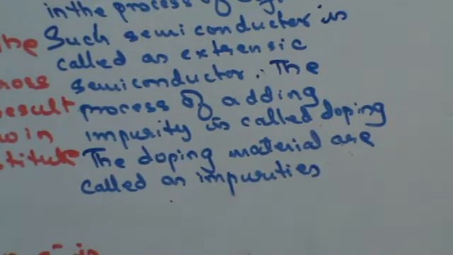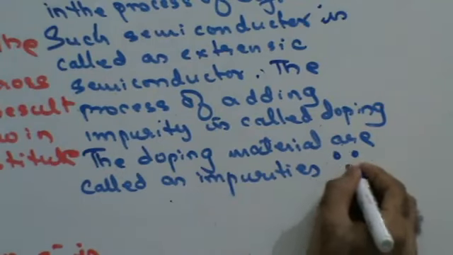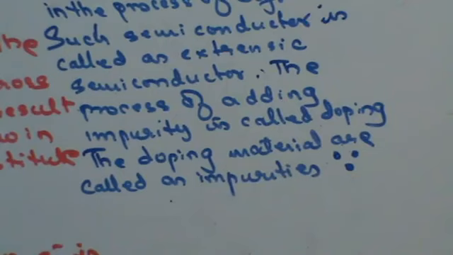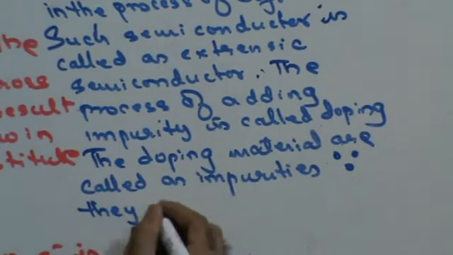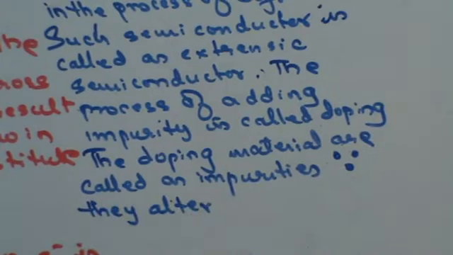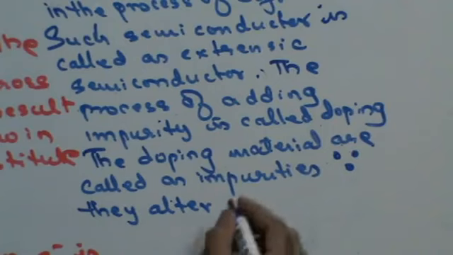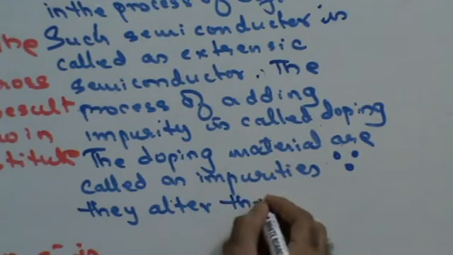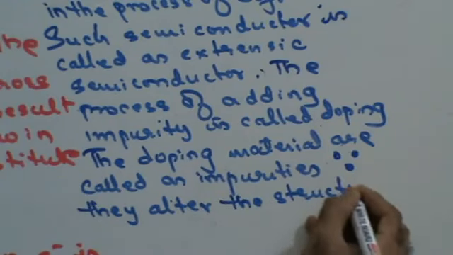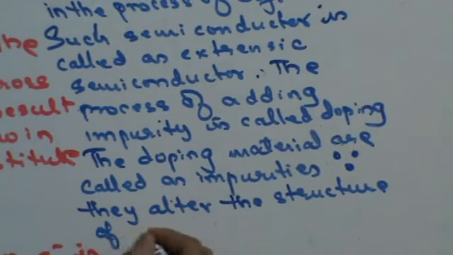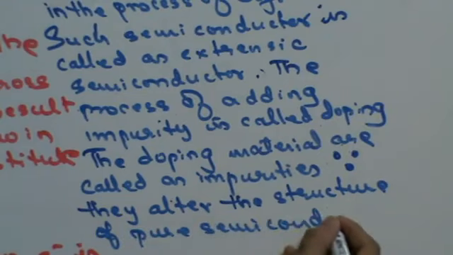The doping materials are called impurities because they alter the structure of the pure semiconductor crystal, right?